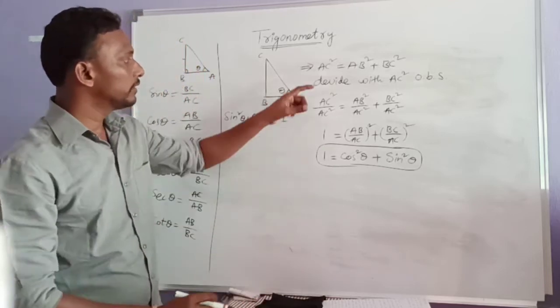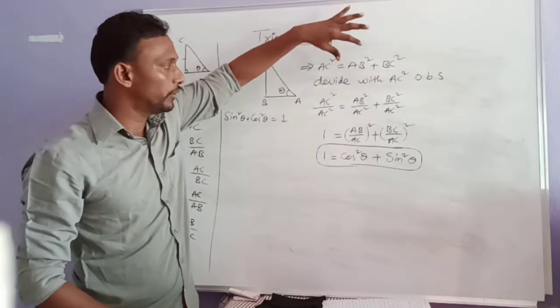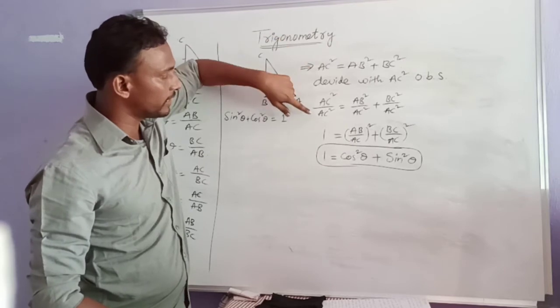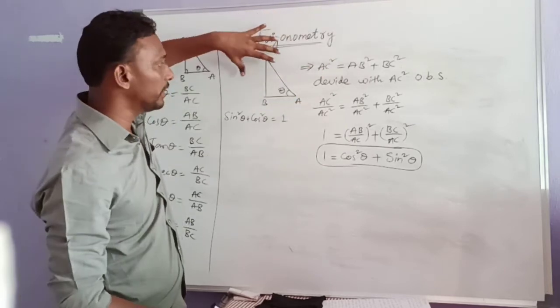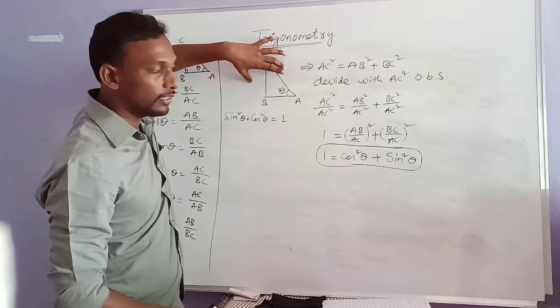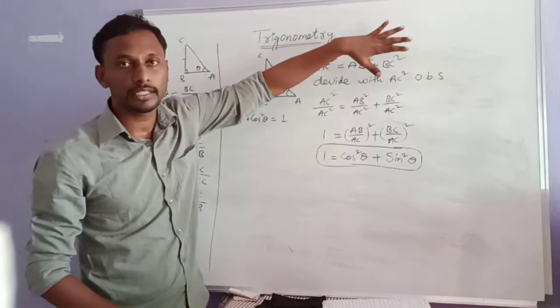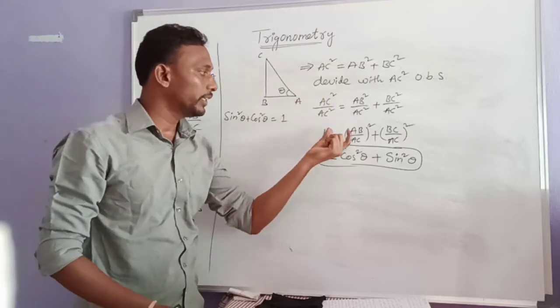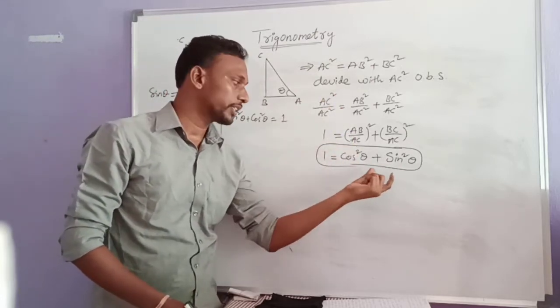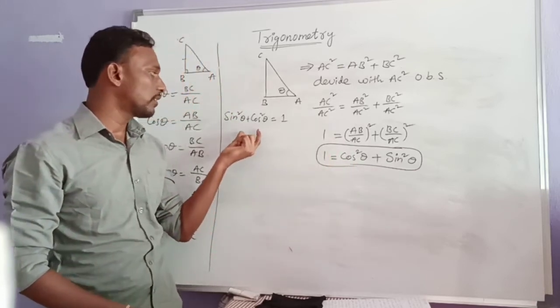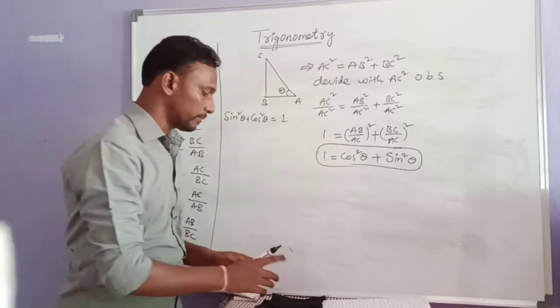How did we get here? Just by dividing by AC square on both sides of the Pythagoras theorem, which we apply in the right angle triangle. From this equation we simplified and got sin square theta plus cos square theta is equal to 1.